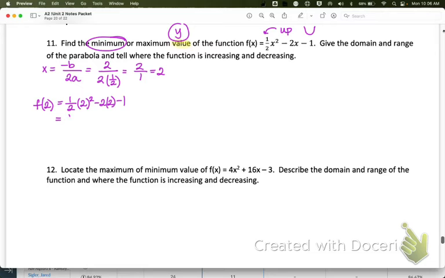So 2 squared is 4, minus 4 minus 1. Half of 4 is 2, minus 4 minus 1, so that gives us -3. So our vertex is 2, -3.